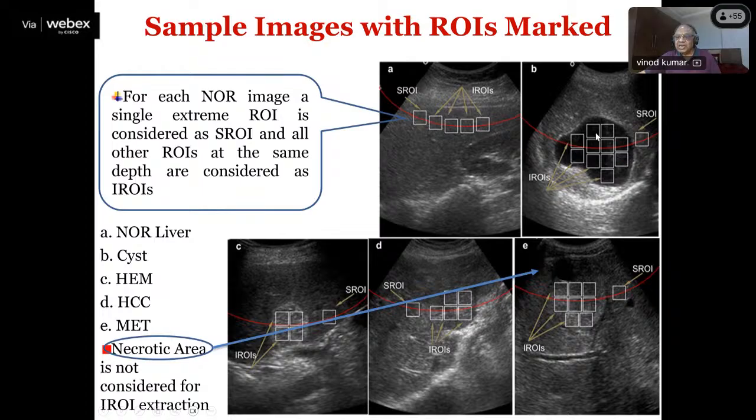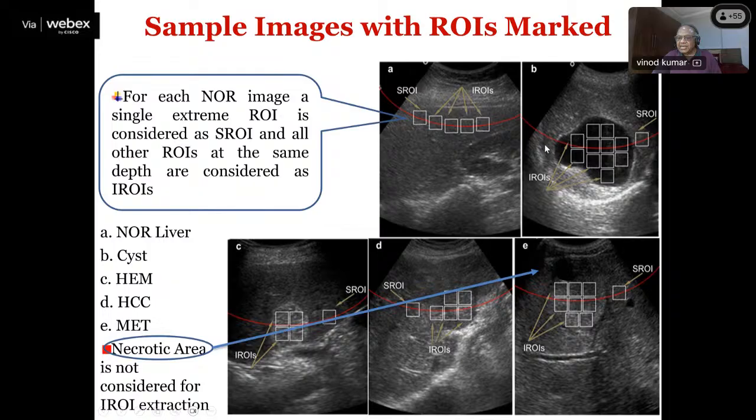We took these 4 ROIs, and one ROI we have taken from the surrounding. We took this ROI from the surrounding. This arc, another arc we will make here. One SROI is from this arc, another SROI from this arc, and another arc that I have not shown will be this.